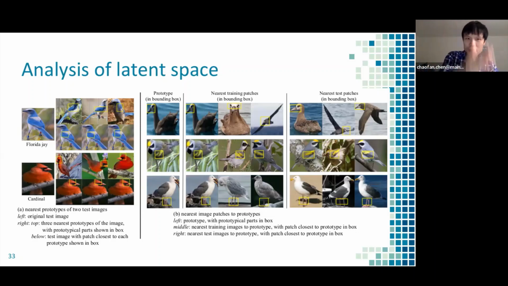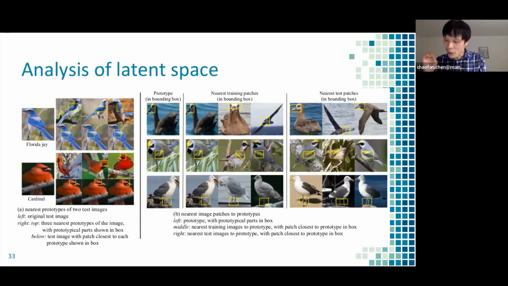The left side of the slide shows the 3 nearest prototypes to a given test image. And we have a test image of a Florida Jay and a test image of a cardinal. For the Florida Jay example, we can see that the nearest prototypes of the Florida Jay are all the wings of the Florida Jay. And the closest patches to the prototypes indeed all localize the wings of that Florida Jay.